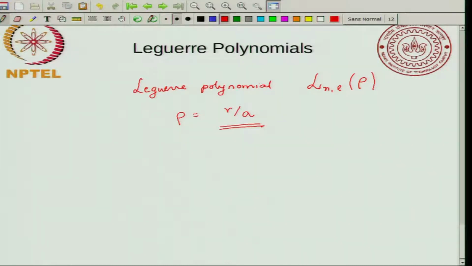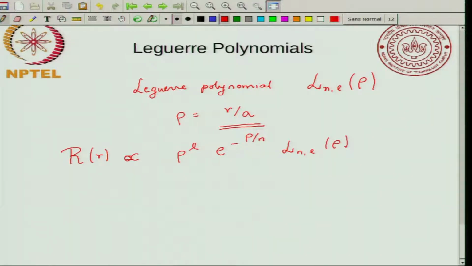Basically I can write my radial wave function of r as proportional to rho raised to L e to the minus rho by n, and then I have L n L of rho.